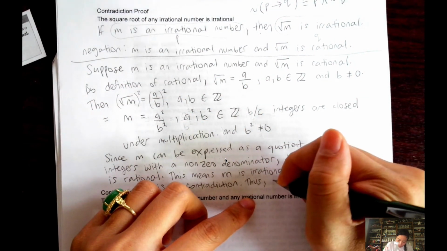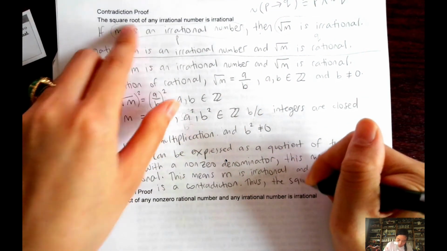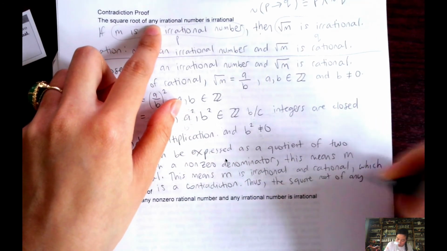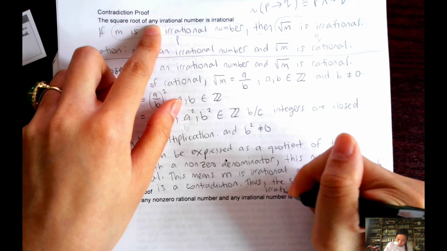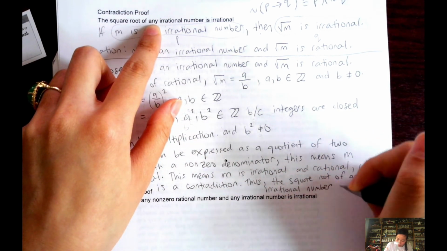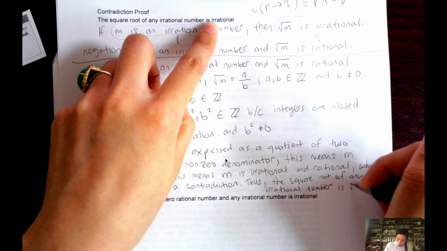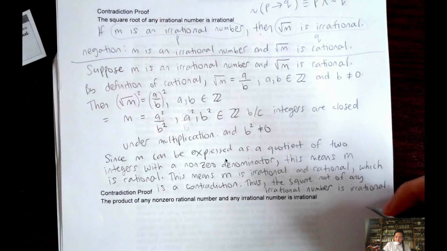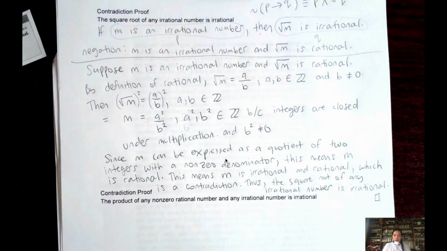Thus, the square root of any irrational number is irrational. And then you put a little square right here to indicate that your proof is done.